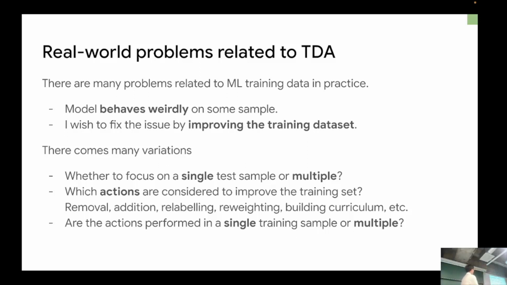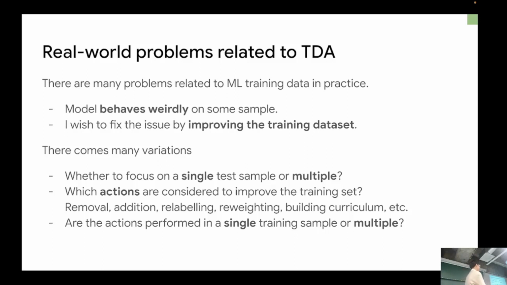So there are some real-world problems related to training data attribution, TDA in short. There could be cases where the model behaves weirdly on some sample, and I wish to fix the issue by improving the training data set, by removing certain samples or including some more samples.